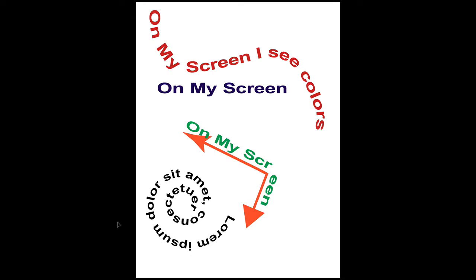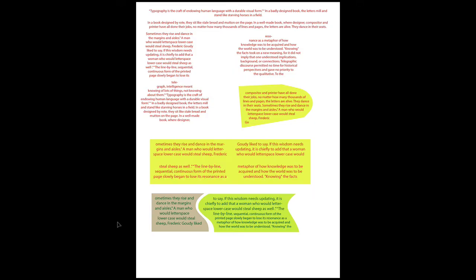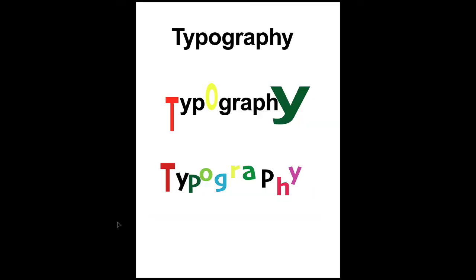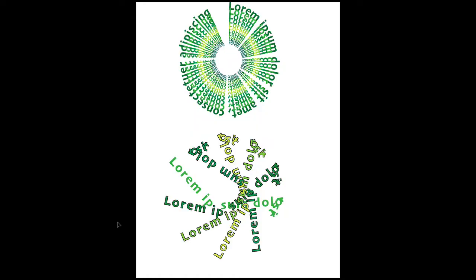They're going to ask you to do that for sure. This is type on a path around a circle. This is type in an area. This is touch type. Sometimes they want you to do stuff with it. And it's another one around a circle. And this is just creating some fun stuff for ourselves with type. And this is what you can do with Illustrator.